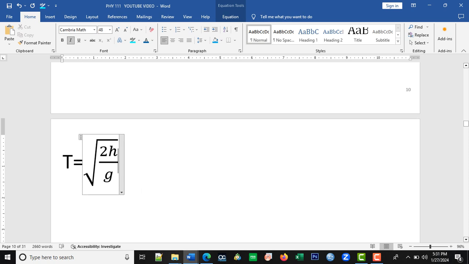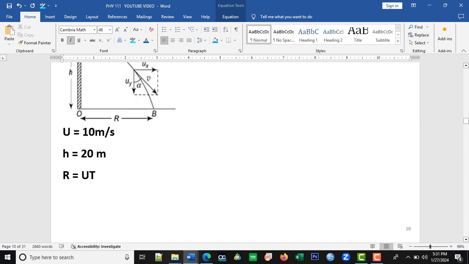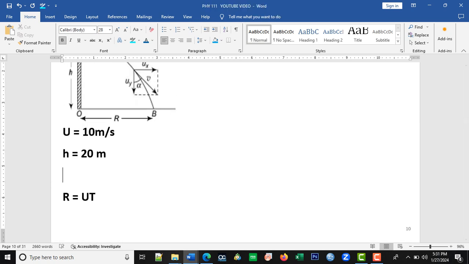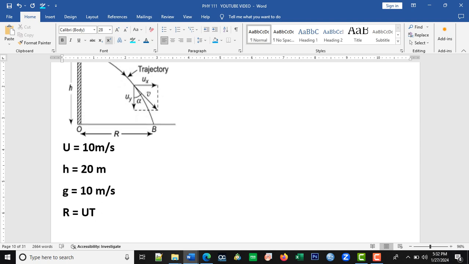Since g was not given, let's just assume that g is 10 meters per second square.